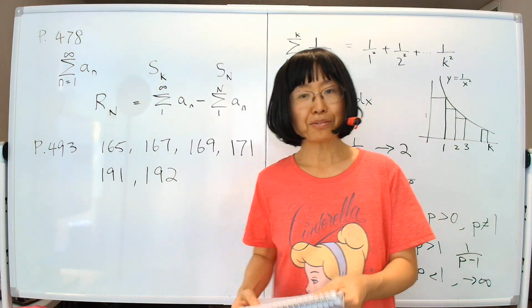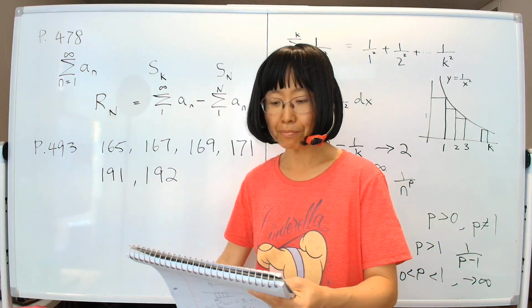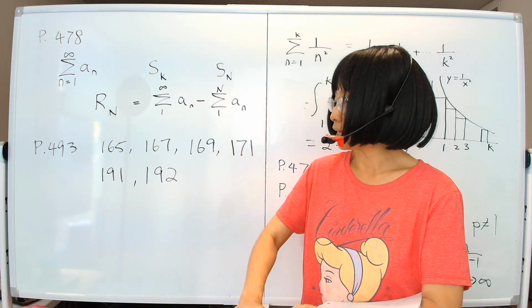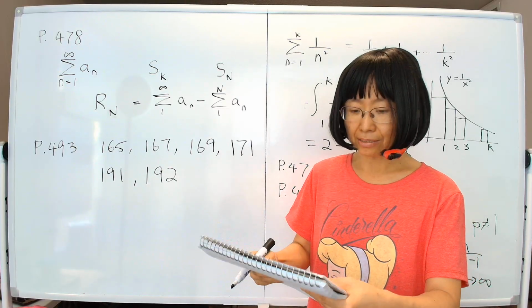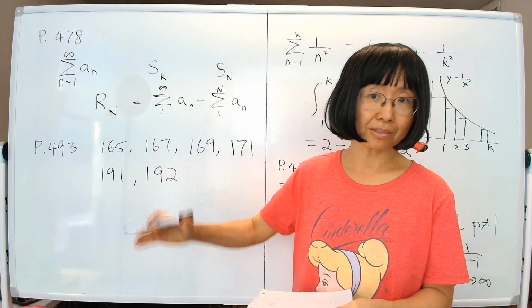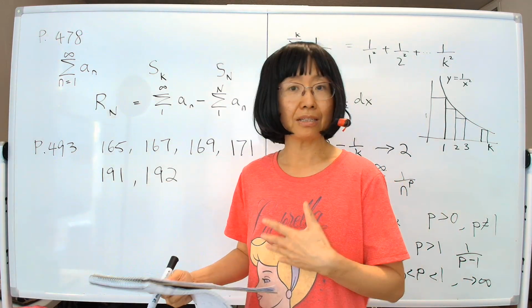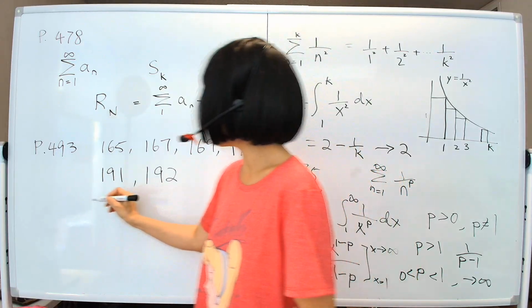The last problem we're going to talk about, 192, is we're supposed to figure out how many terms, how long would it take to add up the harmonic series so that it makes it to 100. It's just an estimate, okay? So we're going to estimate the harmonic series with the integral.